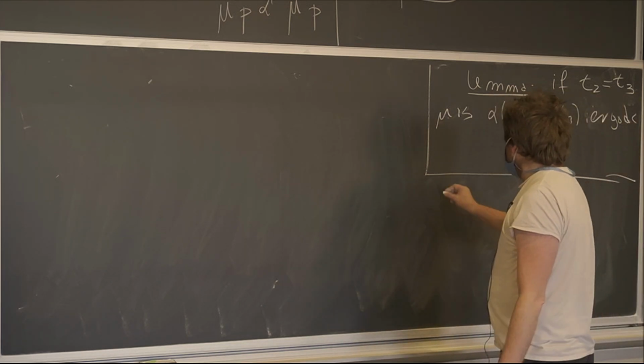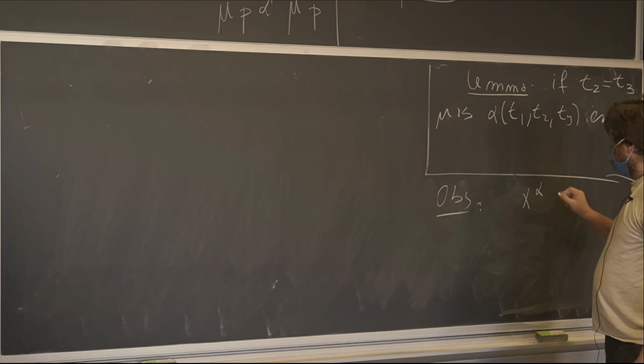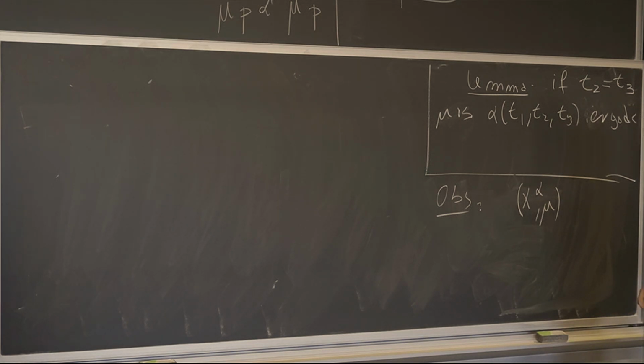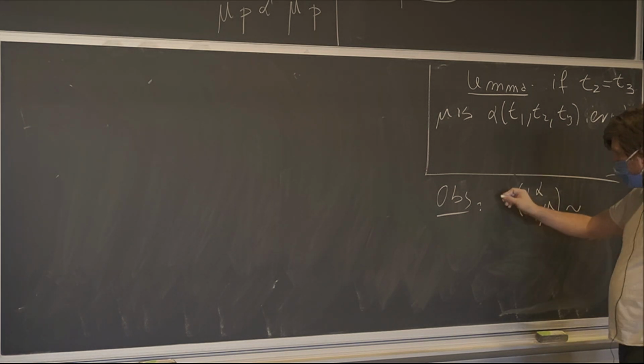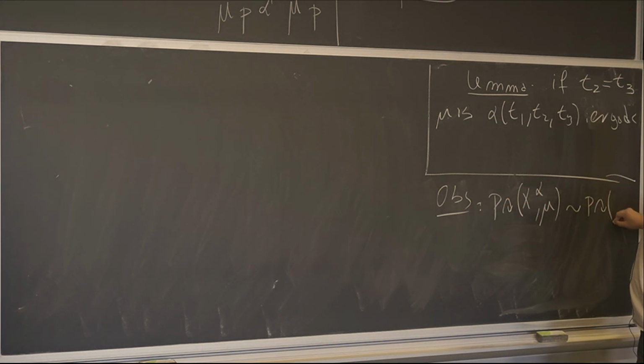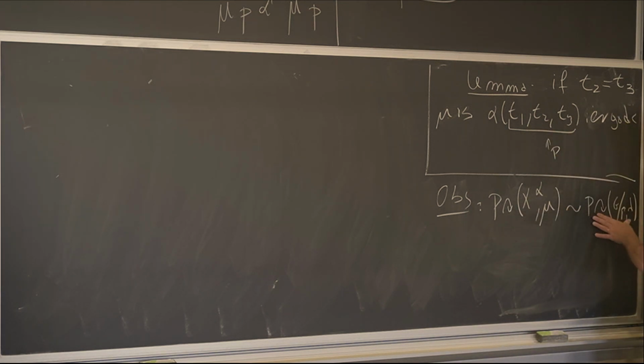So the observation before we start is, remember what I said, when I have this measure here, this is isomorphic for the P action on G mod gamma with Haar measure. Now this element I'm writing here belongs to P. And since these are isomorphic, ergodicity here is the same as ergodicity here.